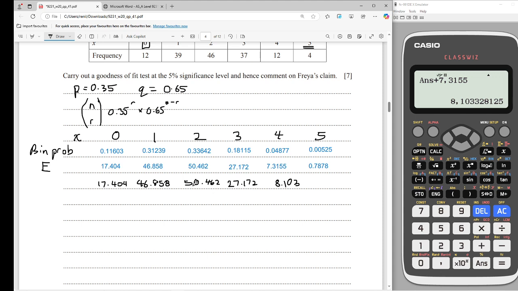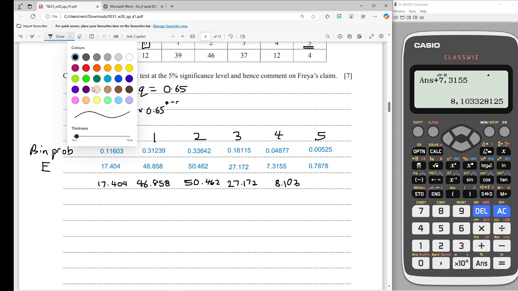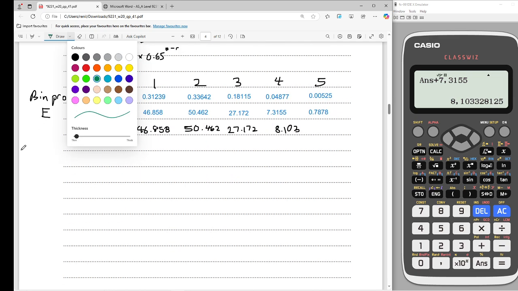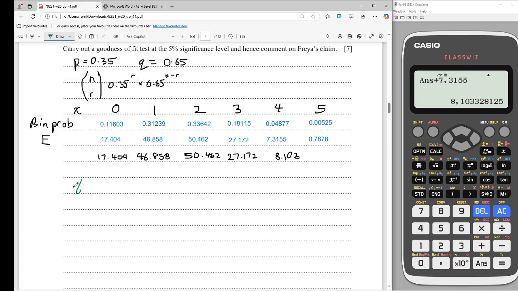Right. Now how do we proceed from this using the formula that's used in almost every chi-square test? There's a summation formula where we calculate our test statistic. It will be our observed value minus our expected value, squared, and divided by our expected value.